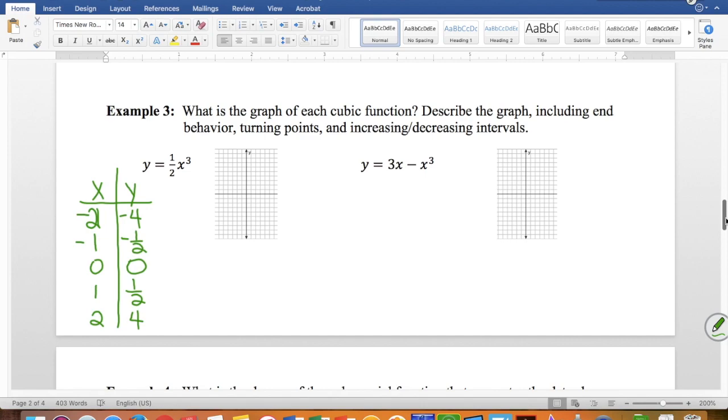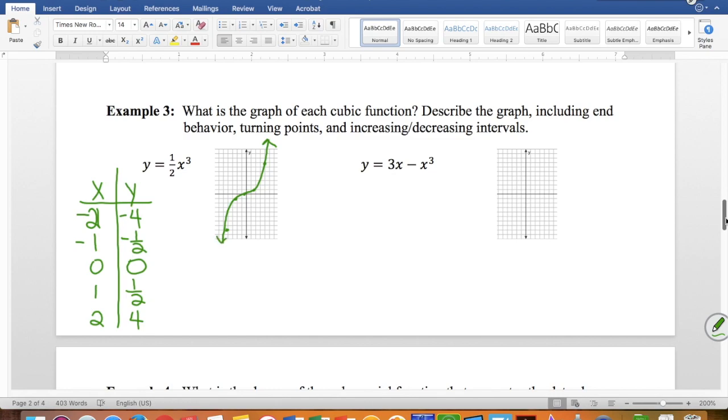My scale is now 1/2. Makes it a little bit better. -1, -1/2 would be right there. 0, 0, right here. +1, 1/2. And then 2, 4.